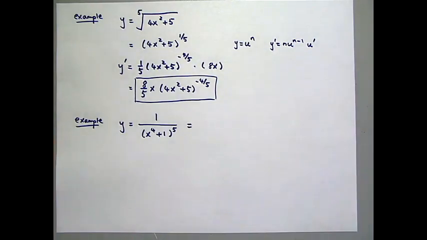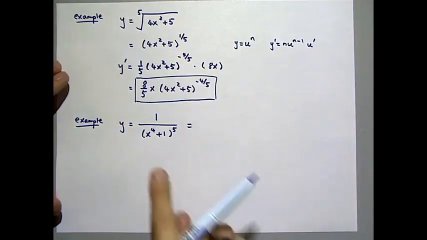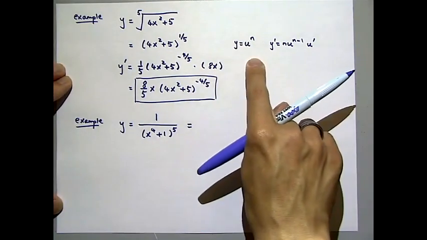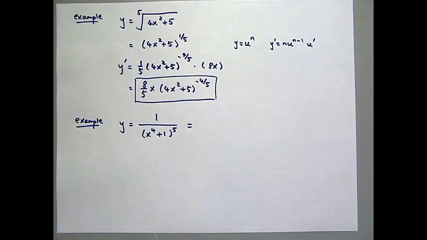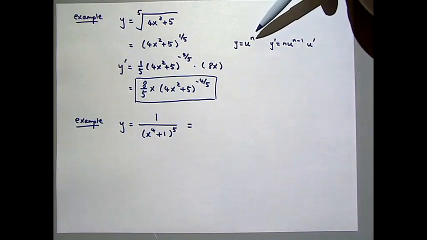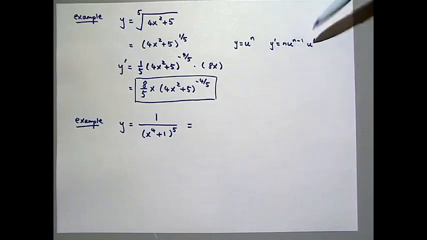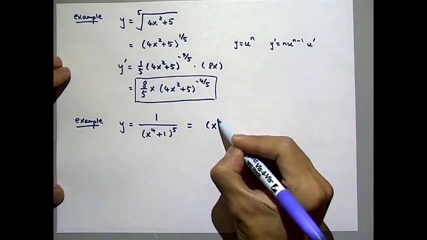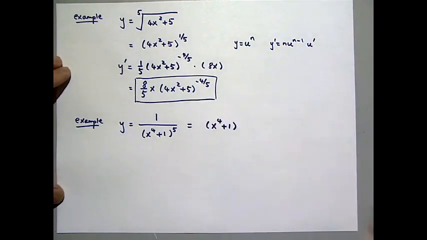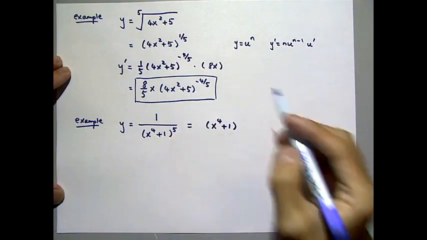This one, we have a couple different options. One is to leave it as the way it is. The other one is to rewrite this in that form, u to the n. Remember, back when we started doing derivatives, we wrote everything in the form of x to the n. Same thing here. If you could write things in this form here, you know how to handle that. So that's the other option, is to rewrite it as x to the 4th plus 1 to the power of minus 5.